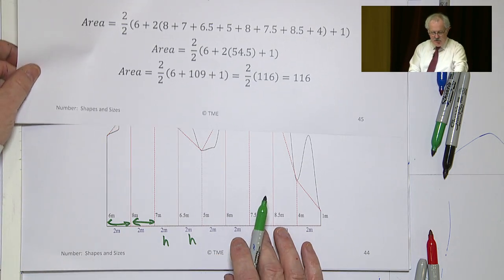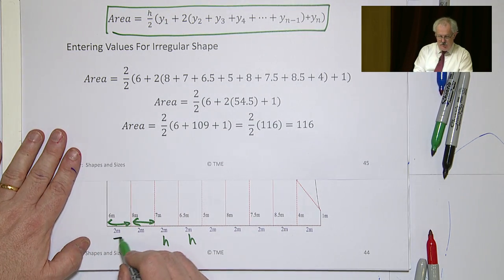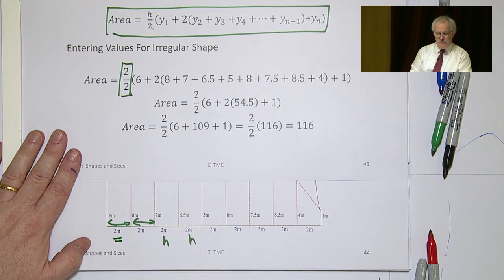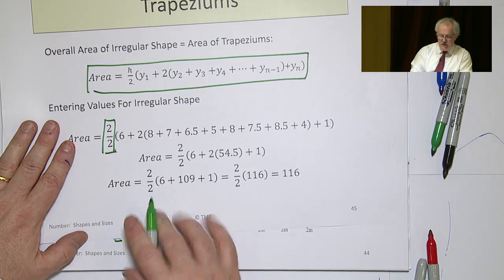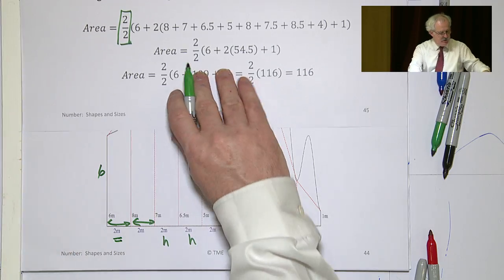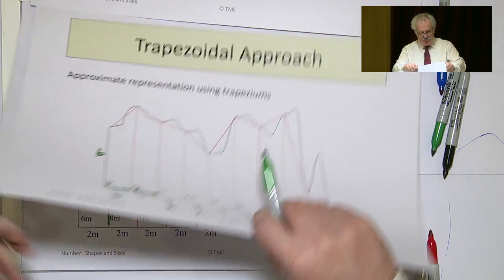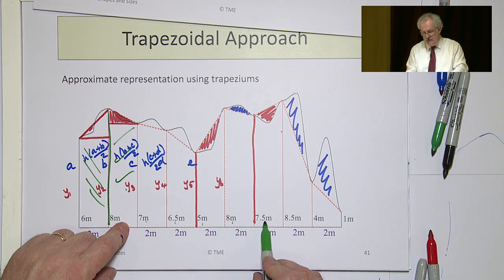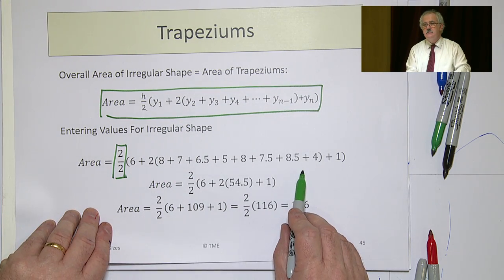So in this case, H is 2, you're given. Over 2 in the formula gives us 2 over 2. The height of the first one here was 6. That goes in as 6. Then into the next one, which was 8. You'll see all the various heights that were given: 8, 7, 6.5, 5, 8, 7.5. So we're just writing out all those numbers in the brackets.